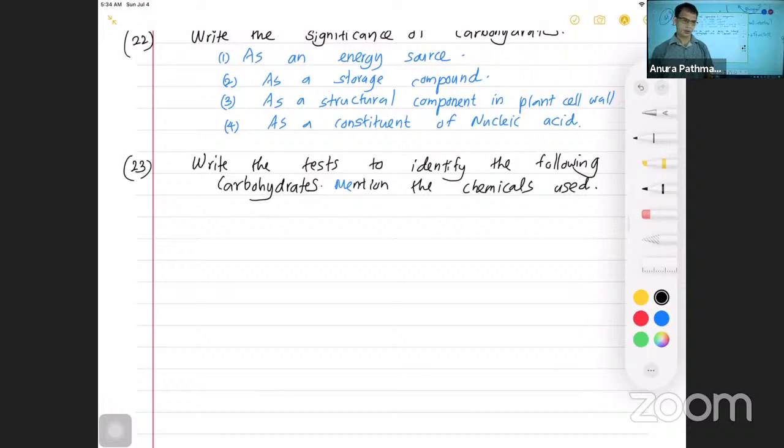Number 1, starch test. What is the name?